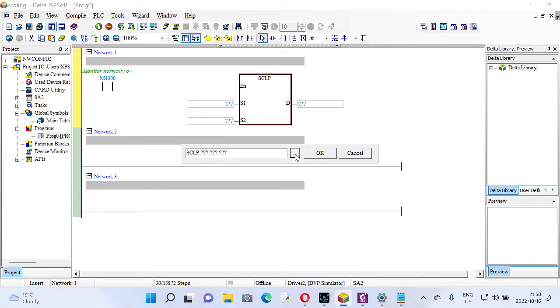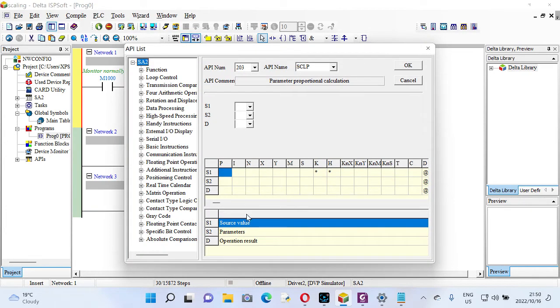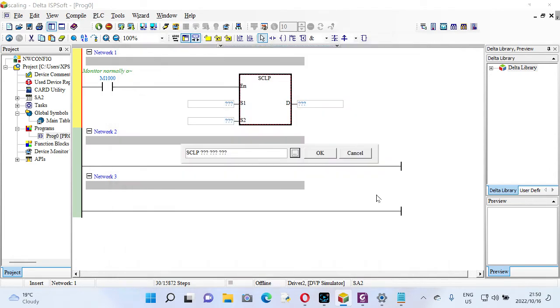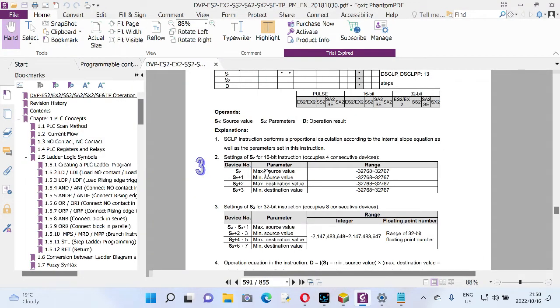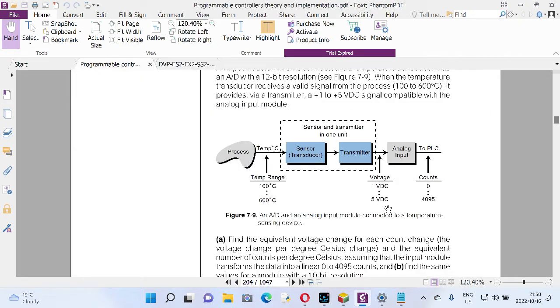This is our instruction, right? It's saying S1 is a source value, S2 parameters, D result output, right? Then we go back to the manual. The manual is saying S1 is the source value. What is the source value? The source value on our question is the source value.